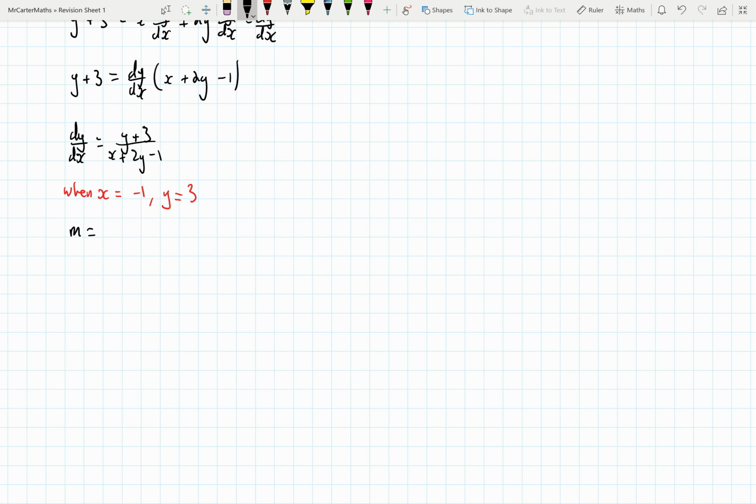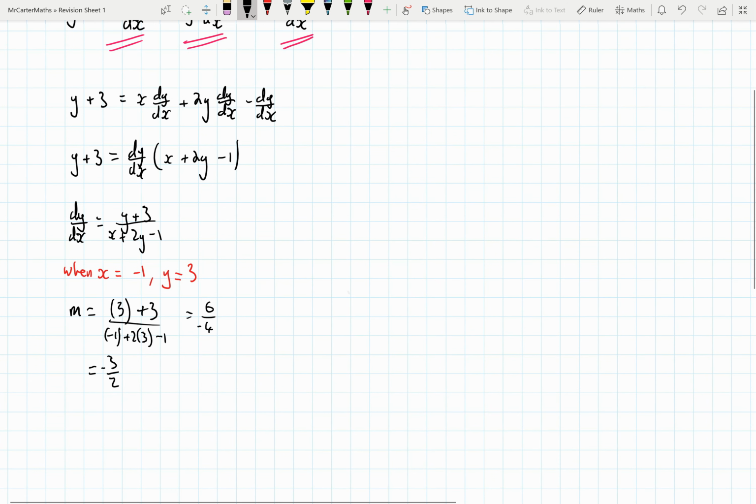I'm now talking about a gradient at that point. y is 3 plus 3 for my numerator. x is minus 1 plus 2 lots of my 3 minus 1. My numerator is 6. My denominator is minus 4. My gradient is minus 3 over 2.